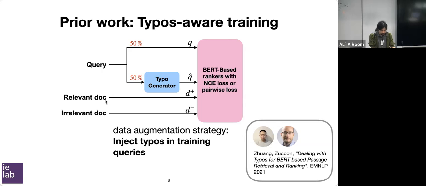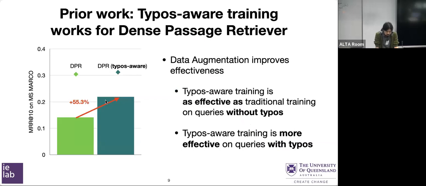Therefore, the model can learn from queries both with and without typos, and minimize the training loss, such that it will be robust to different types of typos. Evaluation on queries with and without typos shows that typos-aware training provides around a 55% increase for dense passage retrieval on typo queries and keeps the same effectiveness as traditional training on typo-free queries.